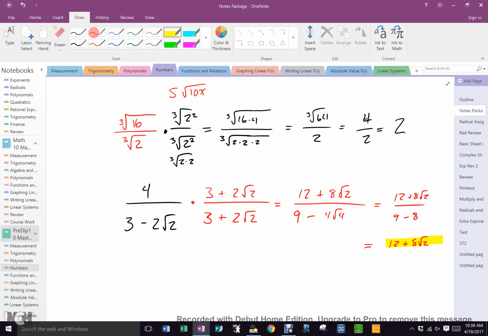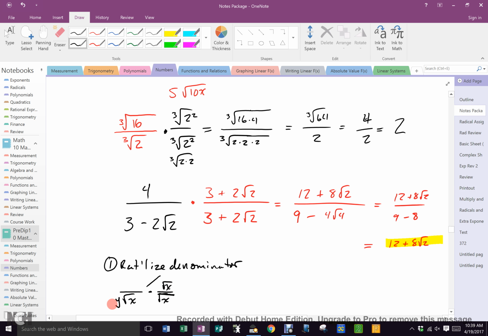So what do we take away from today? 1, rationalize the denominator. How do I do that? There's 2 ways. If it is square root x, we multiply by root x over root x. Yes? Even if it's got a coefficient.